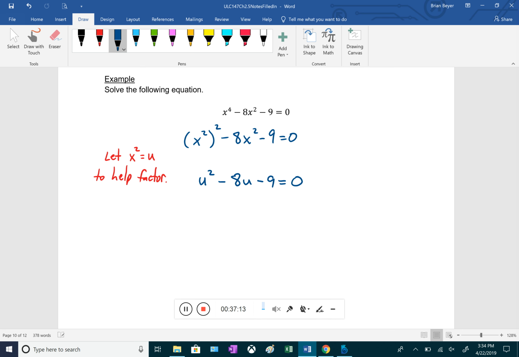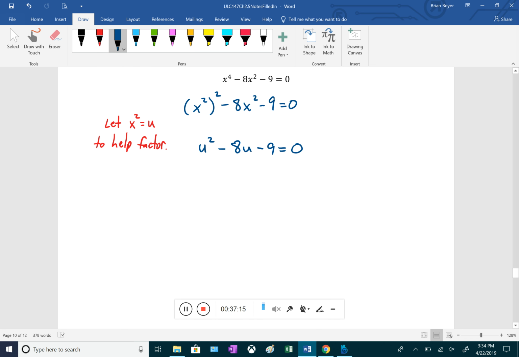Now we can see it's in quadratic form, so we can factor like we usually do: u plus or minus something times u plus or minus something equals 0. Two numbers that multiply to negative 9 and add to negative 8 are negative 9 and positive 1. So u minus 9 times u plus 1.